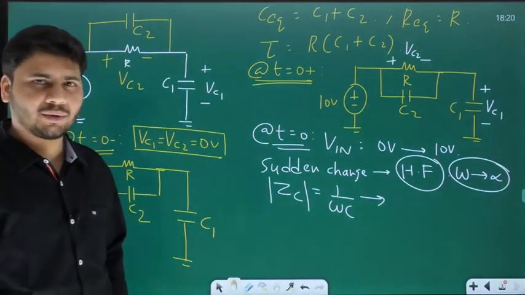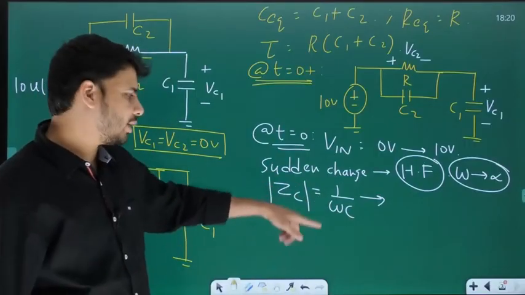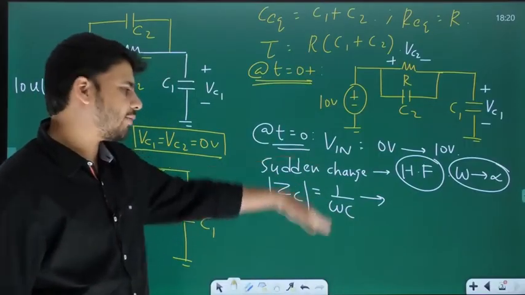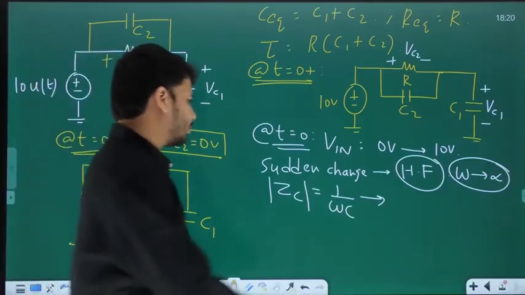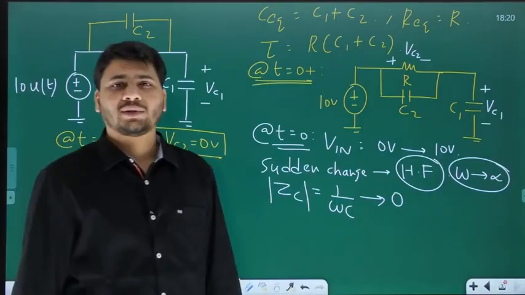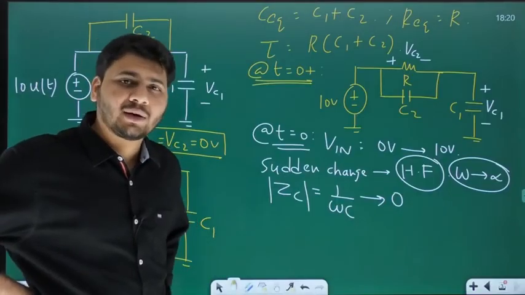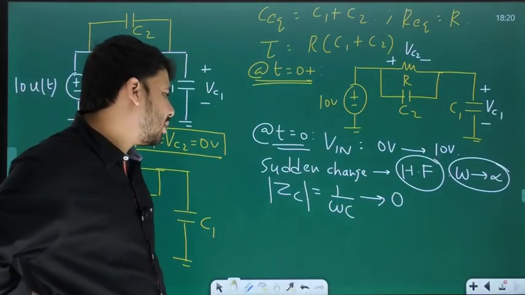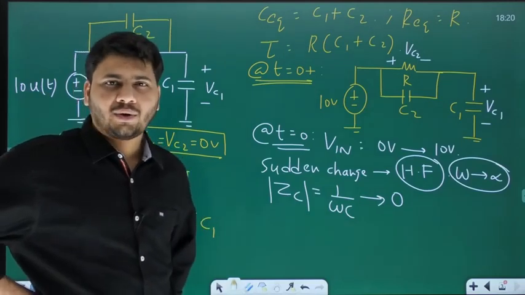Does it not tend to 0? Omega tending to infinity, denominator tending to infinity, overall fraction will tend to 0. So at the time of switching, when you have a sudden change in the value of input, at that instant, the capacitor will behave like a 0 impedance.